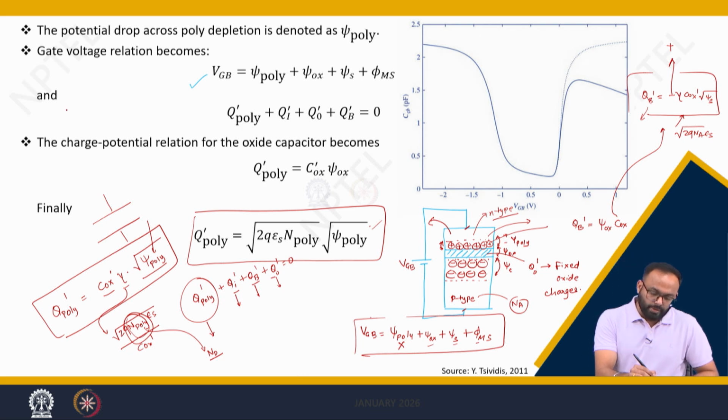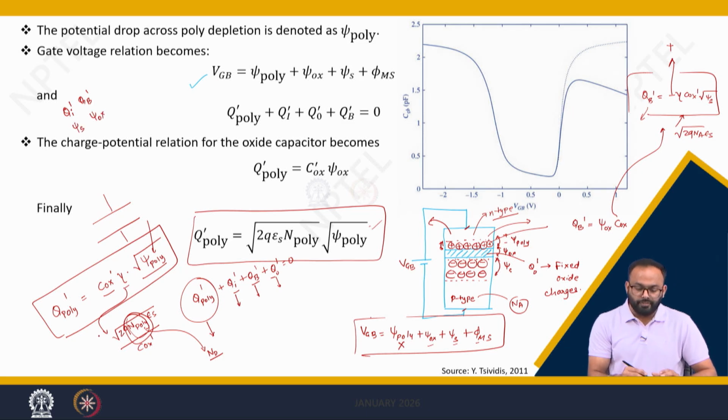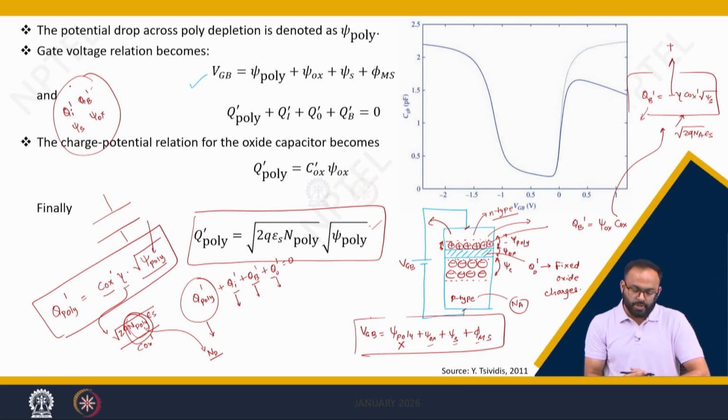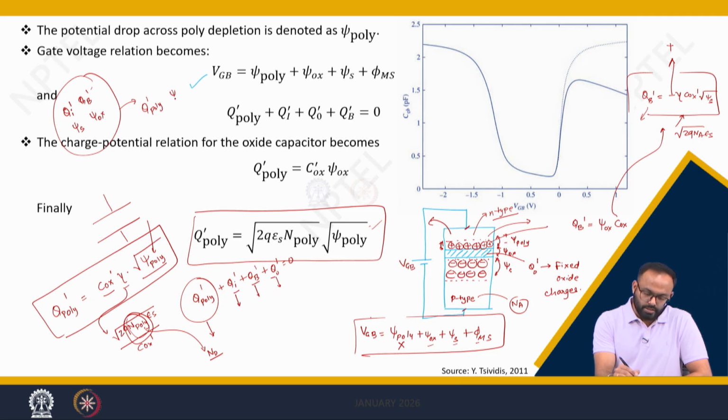Earlier, the variables were Qi dash, Qb dash, then psi s and psi aux, and we developed our complete MOS theory based on these 4 variables. However, now when we introduce the polysilicon, 2 additional variables come into the picture, which are Q dash poly and psi poly.